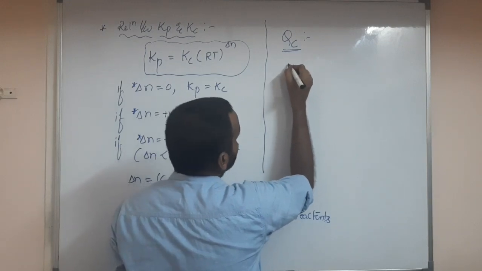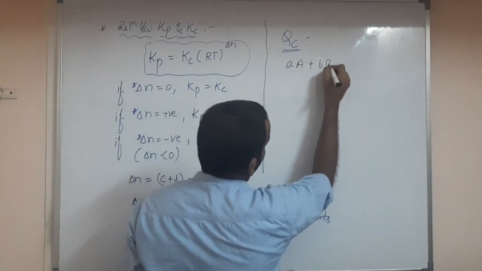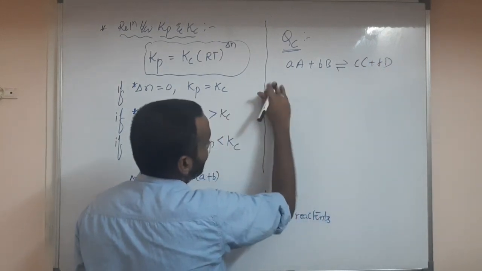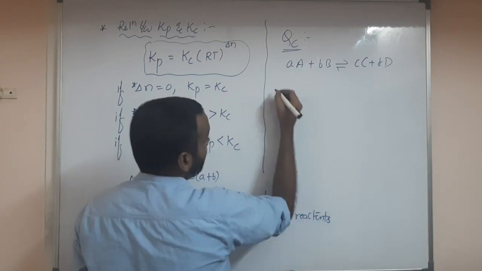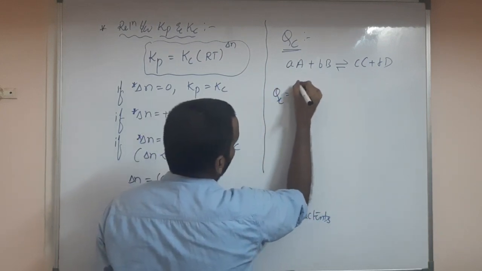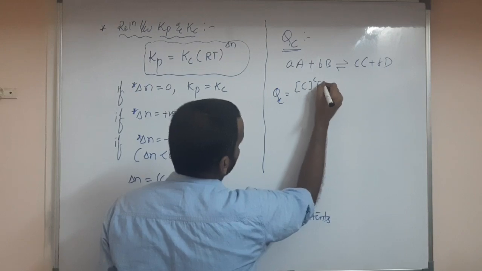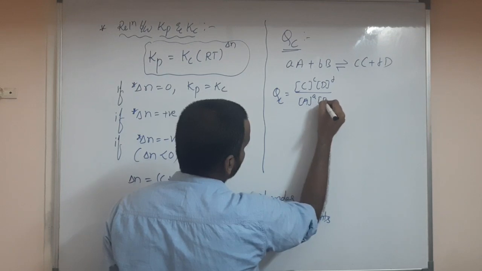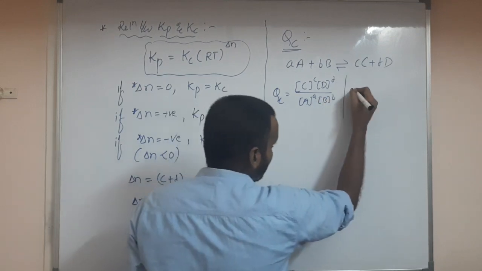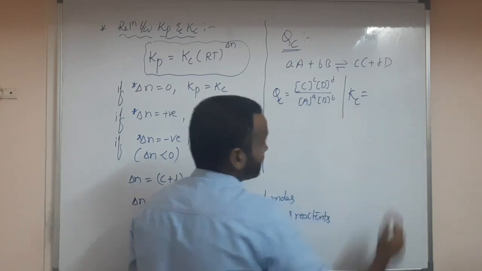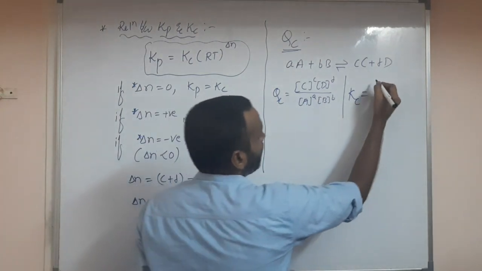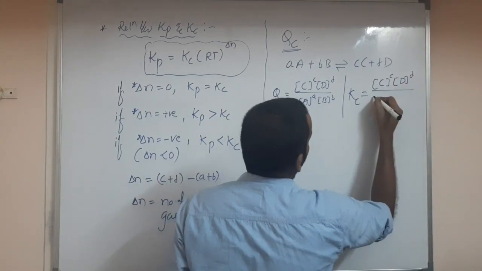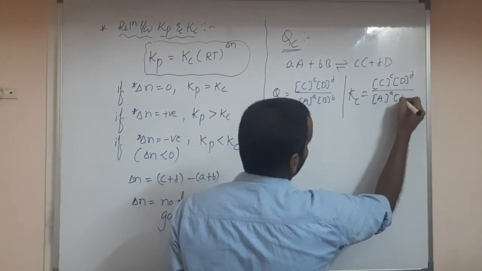For a reaction aA plus bB in equilibrium with cC plus dD, Qc is concentration of C power c, concentration of D power d, by concentration of A power a and concentration of B power b. And for the same reaction, what is Kc? Concentration of C power c, concentration of D power d, by concentration of A power a and concentration of B power b.